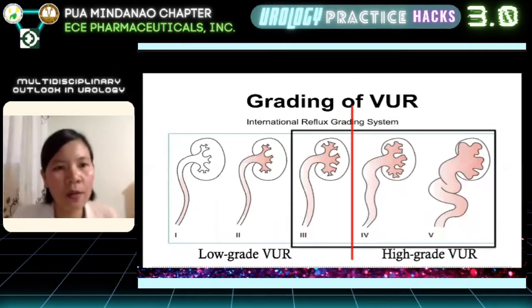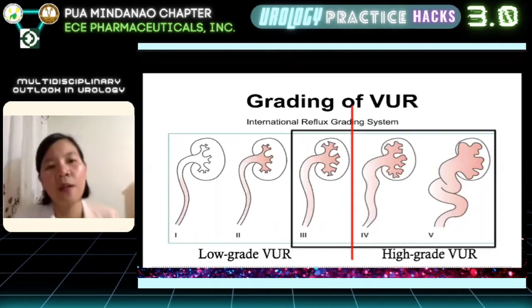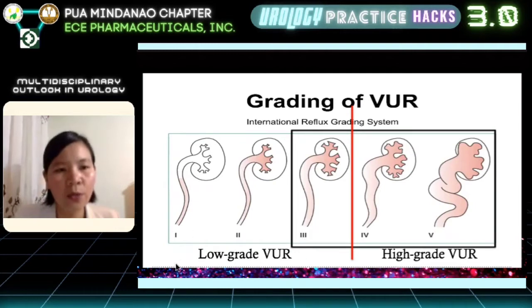So this is the international reflux grading system, grading vesicoureteral reflux into grades 1 to 5. Initially, they divided it into 1, 2, 3 as low grade VUR, and 4 and 5 as high grade VUR.